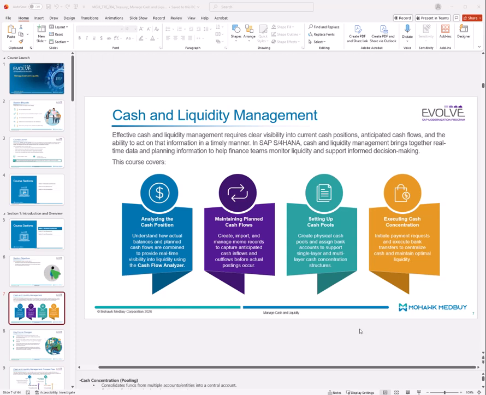The second area is maintain planned cash flow. In that, memo records are created for future inflows and outflows that we are aware of today, so that our cash flow report shows how it looks on a particular day.